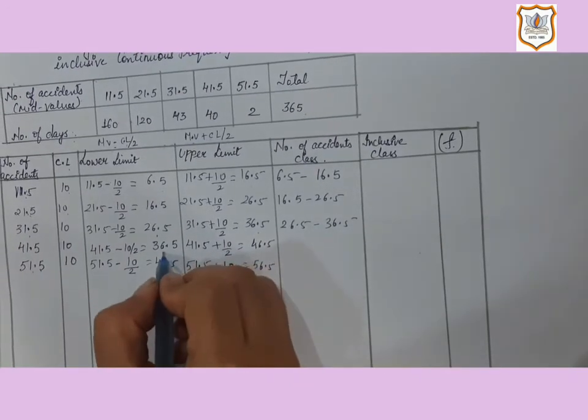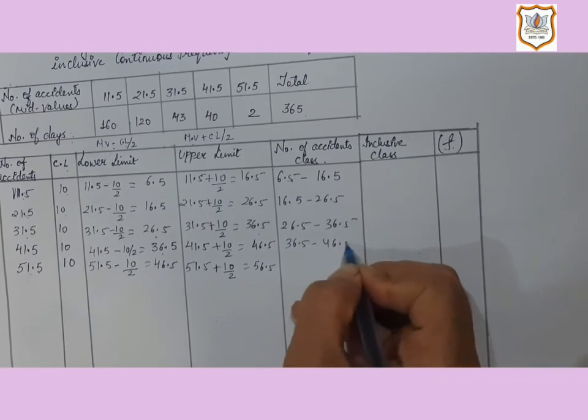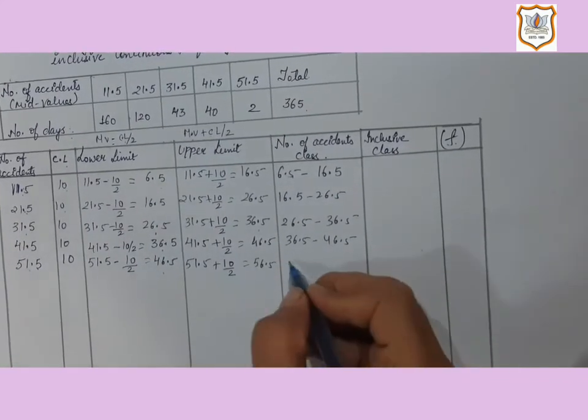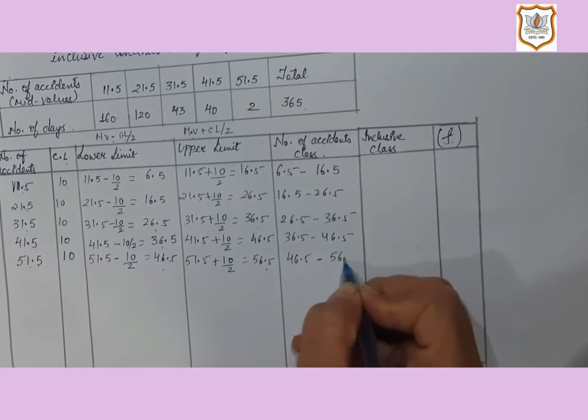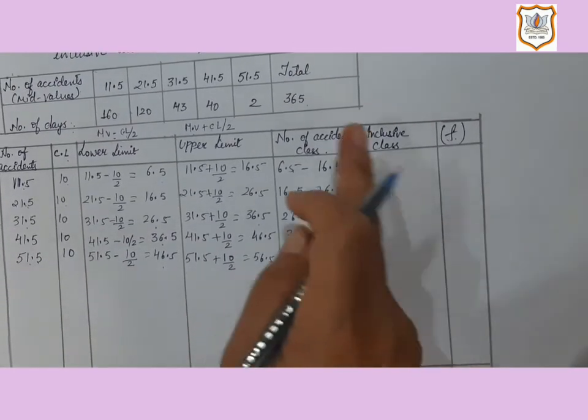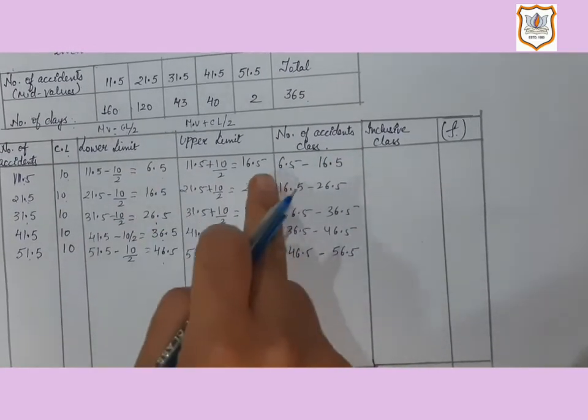Then 36.5 to 46.5. And the last class 46.5 to 56.5. This way we have written the class here, seeing the lower limit and upper limit.